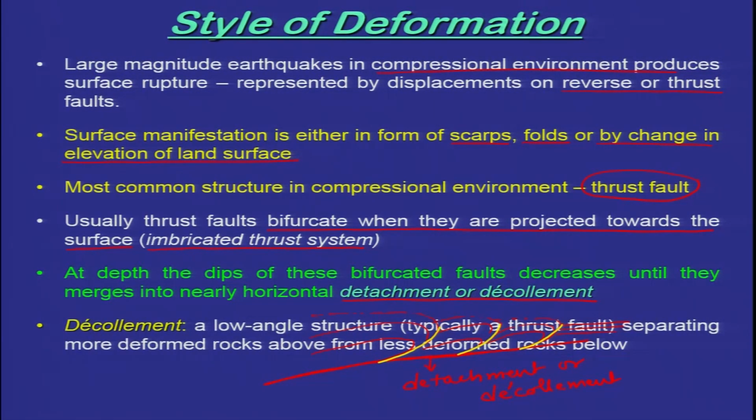So the décollement or the detachment is usually a low angle structure, typically a thrust fault, separating more deformed rocks above from less deformed rocks.